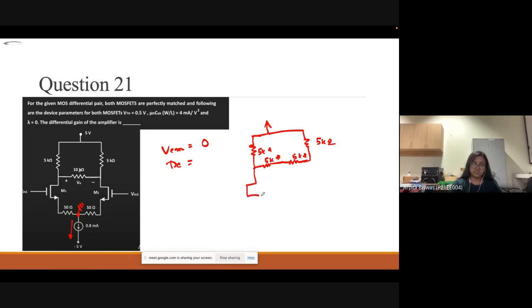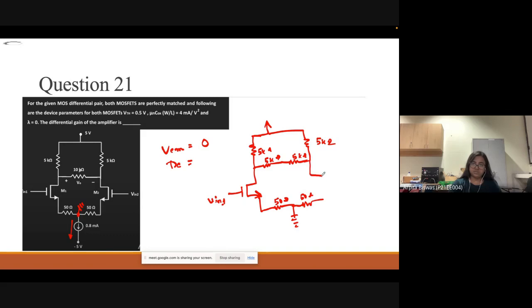And then the MOSFET is coming. The V input 1, and this is the 50 ohm resistance, and there is also a virtual ground, and this is the 50 ohm.